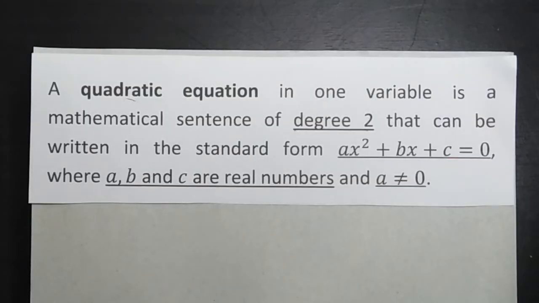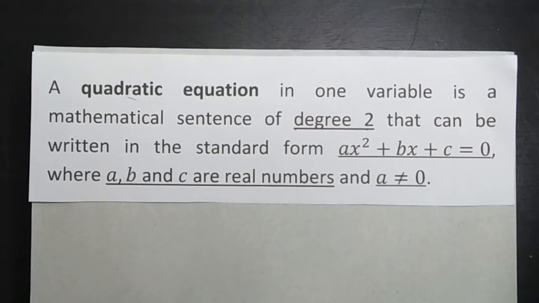So in your screen right now is the definition of a quadratic equation in one variable, taken from our grade 9 mathematics learners module. So a quadratic equation in one variable is a mathematical sentence of degree 2, which means the highest power in a quadratic equation is 2, not more than 2.